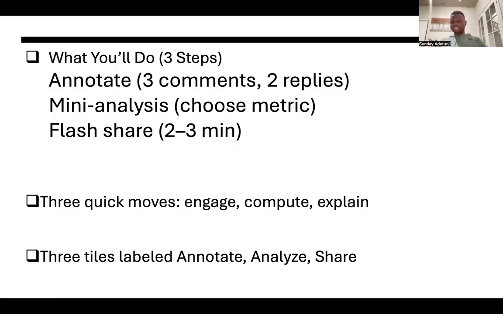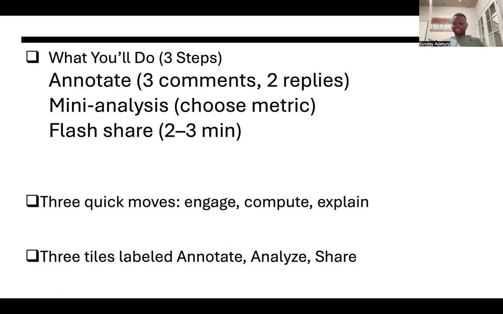Step two is a mini analysis. In the starter notebook, load the dataset, pick two features, and compute one metric. You can use PRAUC or a confusion matrix at a reasonable threshold. Then write two to three plain sentences that a public health colleague could understand.